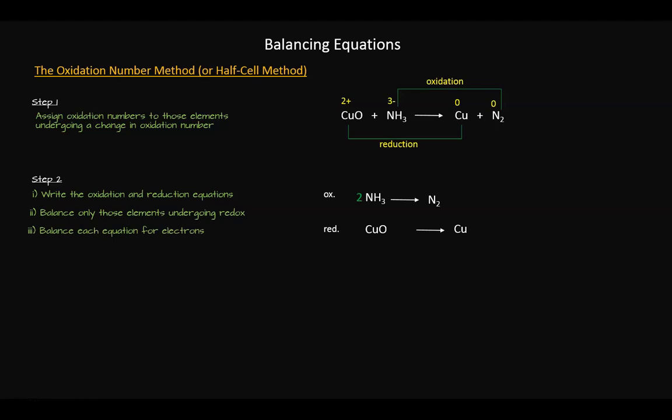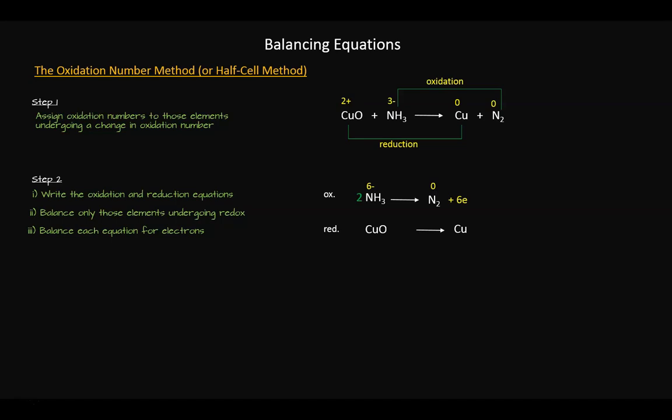Now we balance for electrons. This is done by comparing the total oxidation numbers. The total oxidation number for these two nitrogen atoms is 6-. That is 3- times 2. The total oxidation number for N2 is still 0, so 6 electrons were given off, which we show as a product.